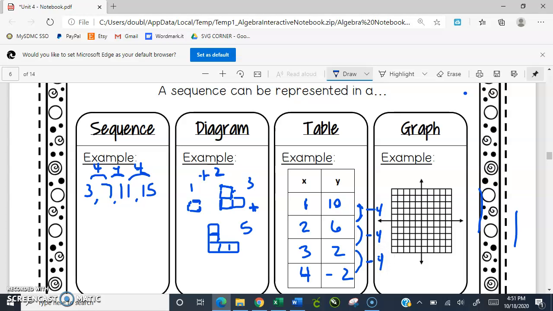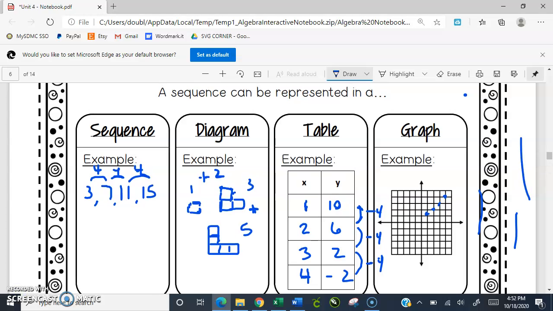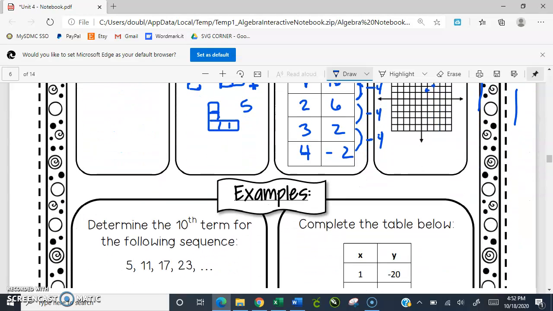Okay. And for the graph, just draw some dots. As you can see, for every one that it goes over on your x-axis, it changes on the y-axis. So the graph changes every time it goes over.